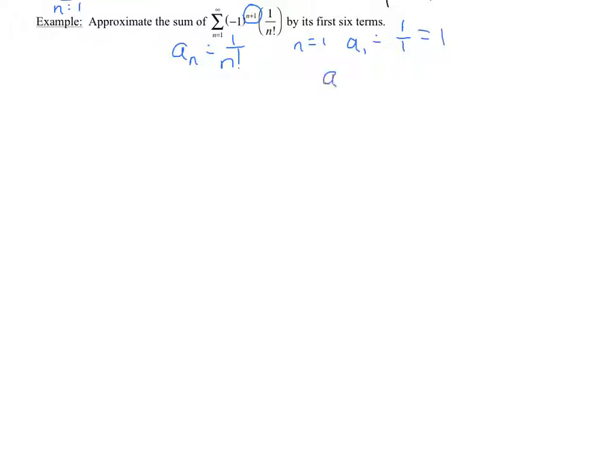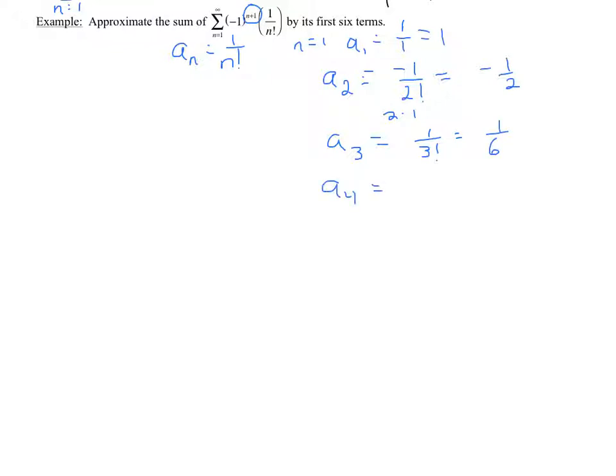Alright, a sub 2 is going to be negative 1 to the 2 plus 1, which is negative 1, because that's negative 1 to the third. And it's going to be 2 factorial, which is just 2 times 1, and so that's going to be negative 1/2. The third term will be positive 1 over 3 factorial, which is 1 over 6, because that's 3 times 2 times 1.